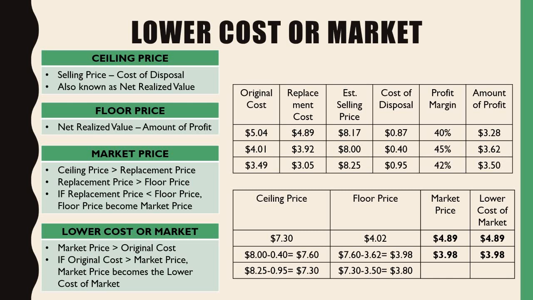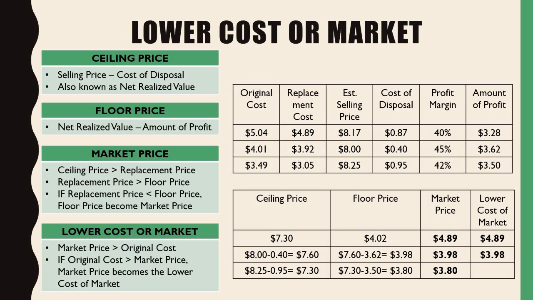The $3.80, right? In this case, that's correct, because our ceiling is obviously the most expensive. Our floor is $3.80 and our replacement is $3.05, which is significantly lower. So the number that falls in the middle is $3.80.